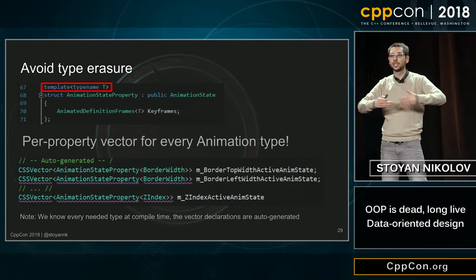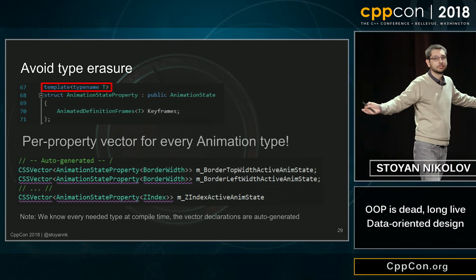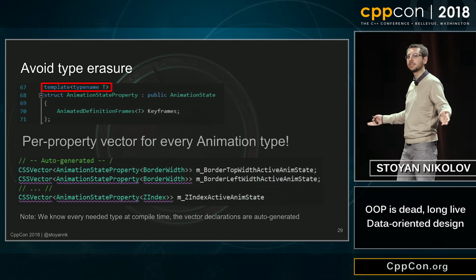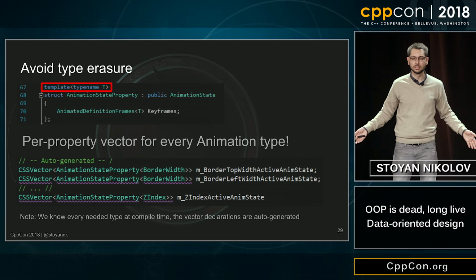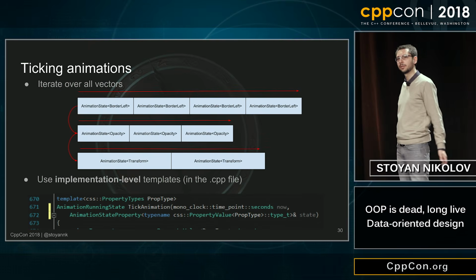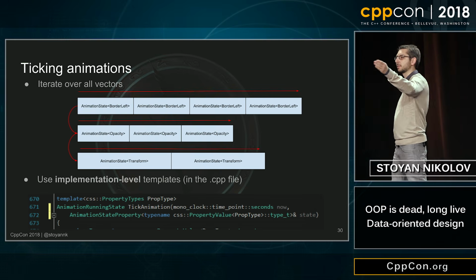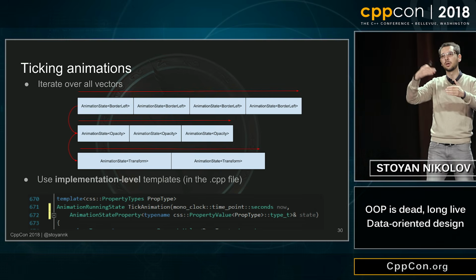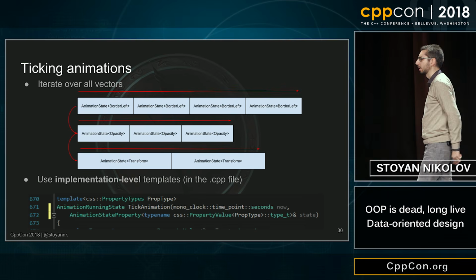Let's have a vector for each type. Now they are the same size, so we have as many vectors as types as needed. And when we want to interpolate them, it's very simple. We go over all the types A, all the vectors of that type, then we go to the second one, then we go to the third one.